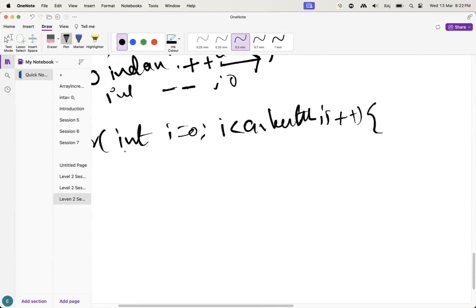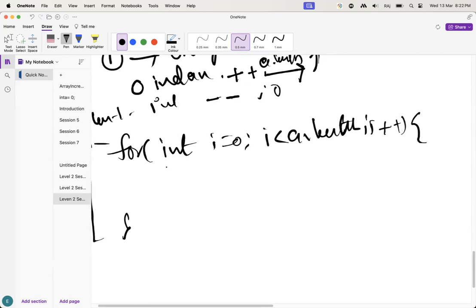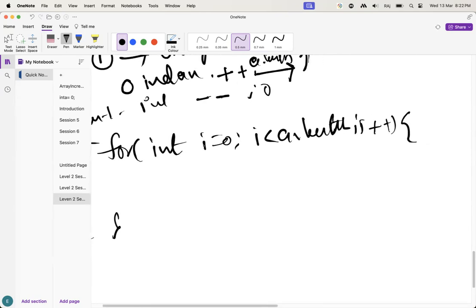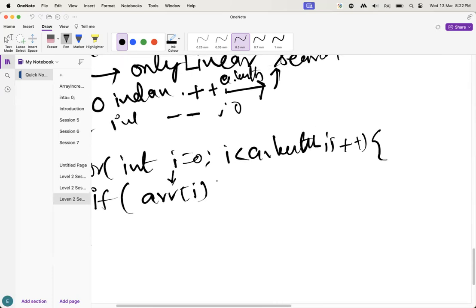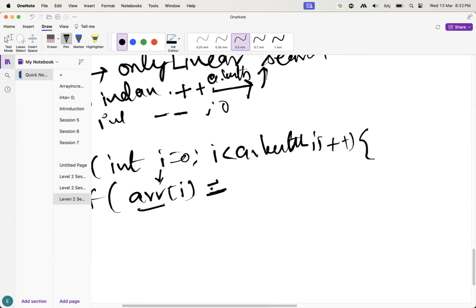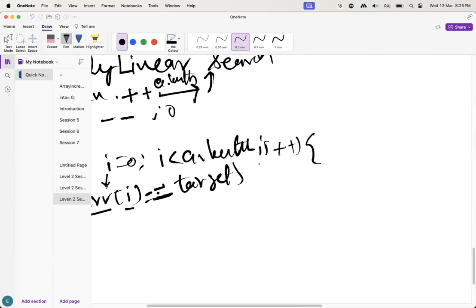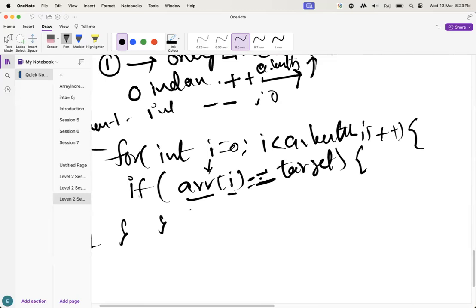When the i value changes, the i value is always the index. Using that index, we get the value. Now we check whether array of i is equal to our target or not. Actually, we need a target value.